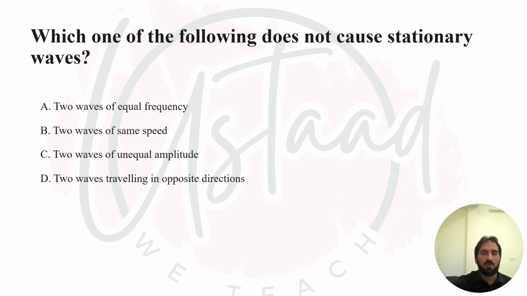Two waves of equal frequencies, two waves of same speeds, two waves of unequal amplitudes, and two waves traveling in opposite direction. So the correct option is C, two waves of unequal amplitudes.